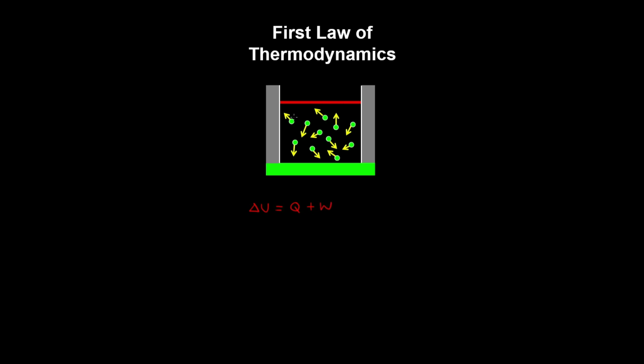So a typical model used in thermodynamics is an ideal gas, and this constitutes our system that we're analyzing, and everything else in the universe is the surroundings. And here we have a piston that can move up and down to do work on the system, and the heat reservoir enables heat to flow in or out of the system.